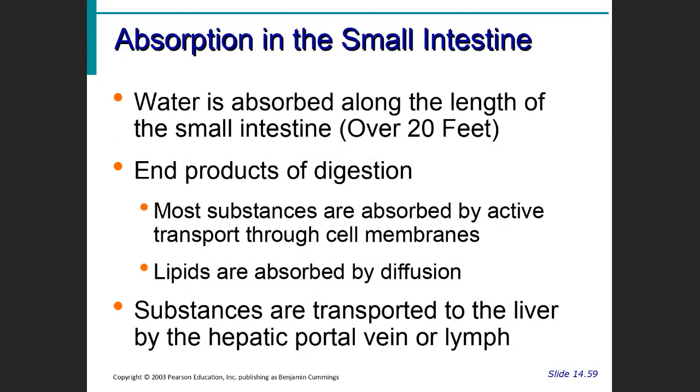Now, a lot of the water. Remember, the saliva contained water, the bile contained water, the pancreatic juice contained water, the gastric juice in your stomach contained water. All that water comes out of your bloodstream. So you've got to put a lot of that back. Otherwise, you'd have crazy diarrhea.